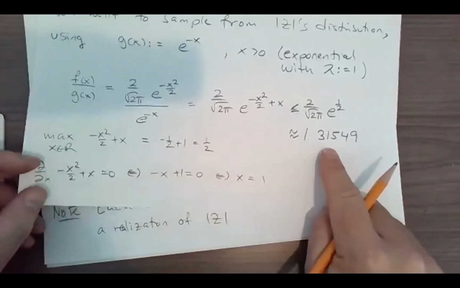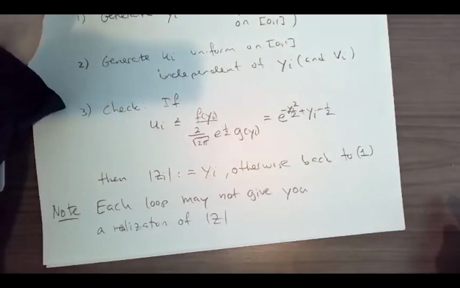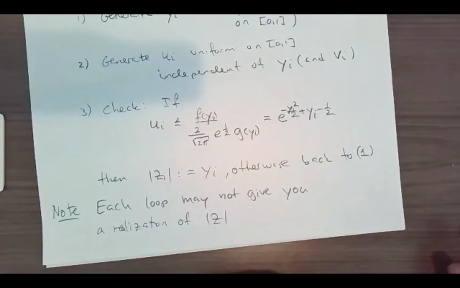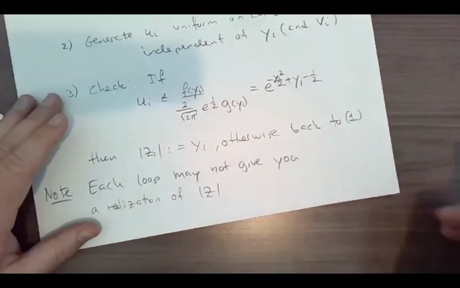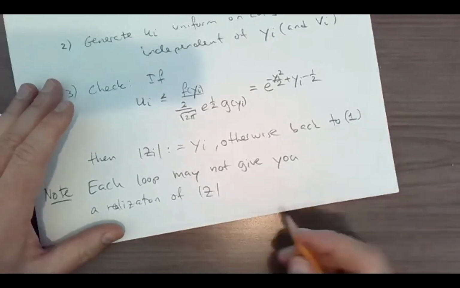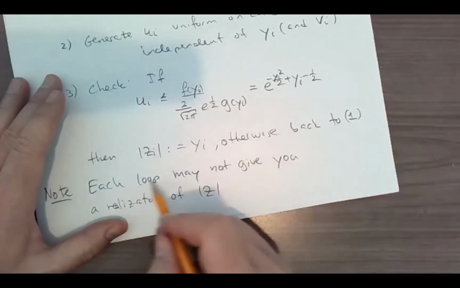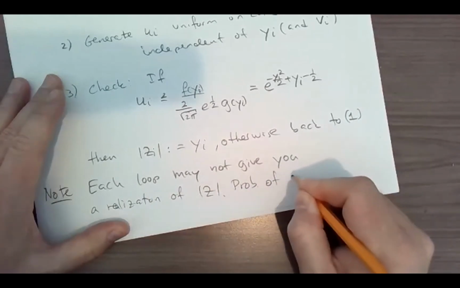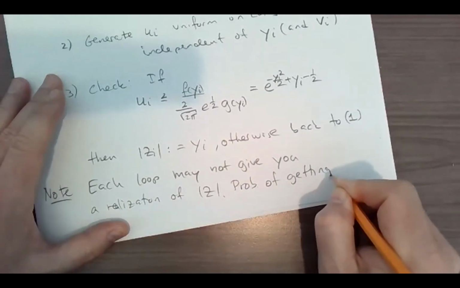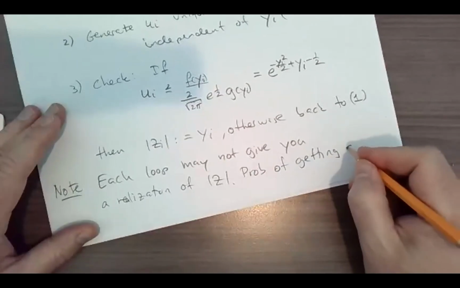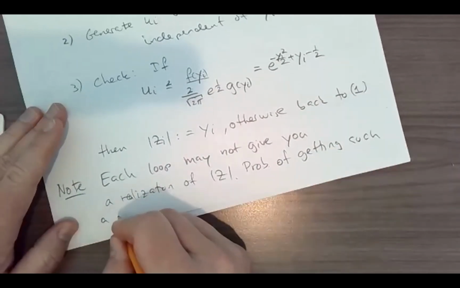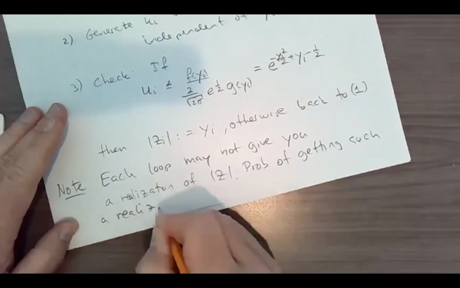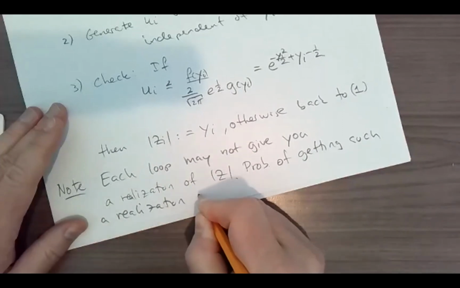This here was our constant c. So the probability of getting one such realization is equal to, that was the one we computed.